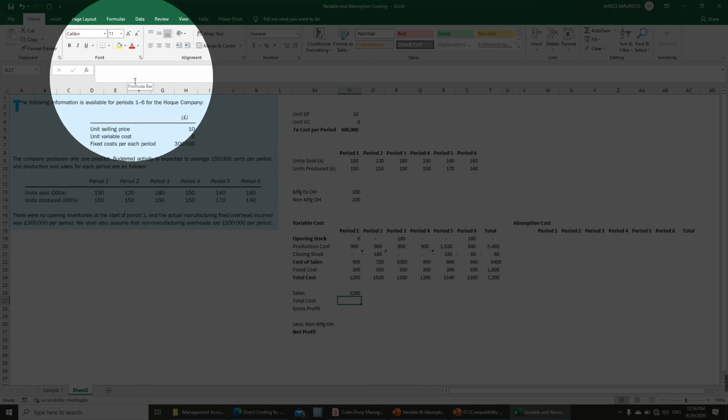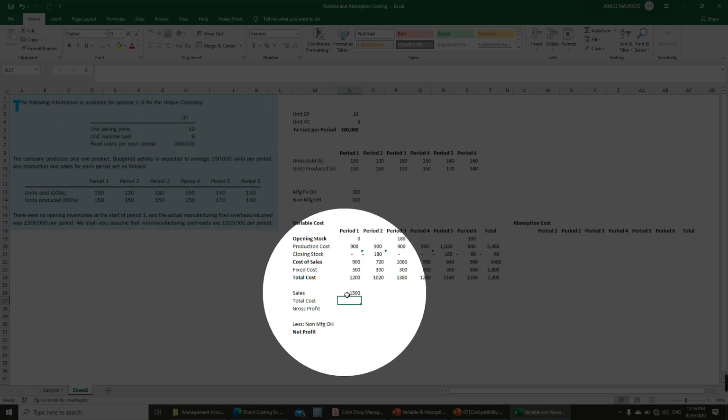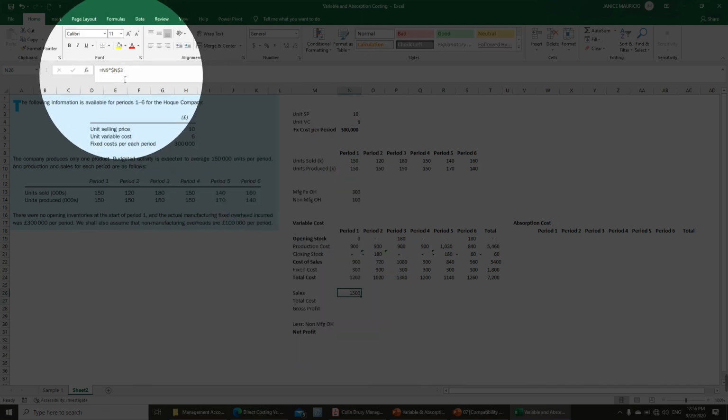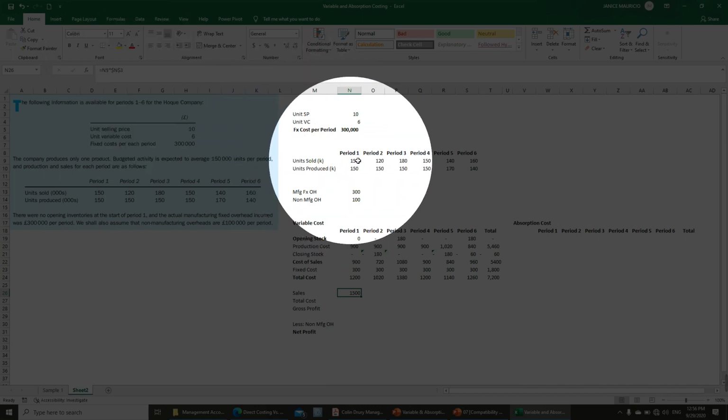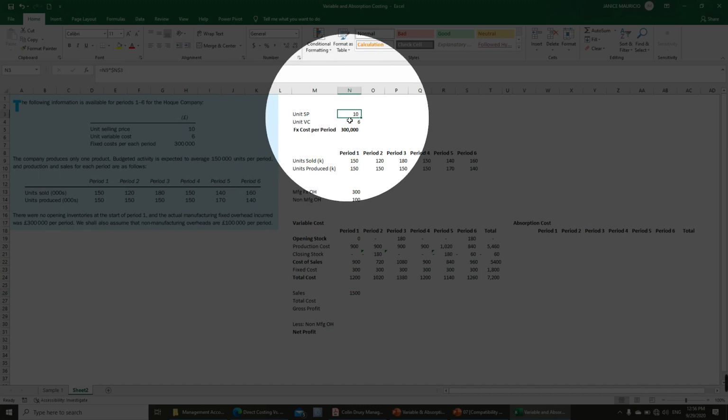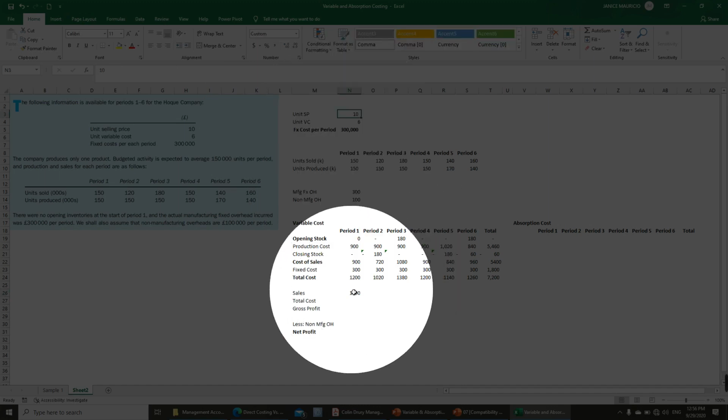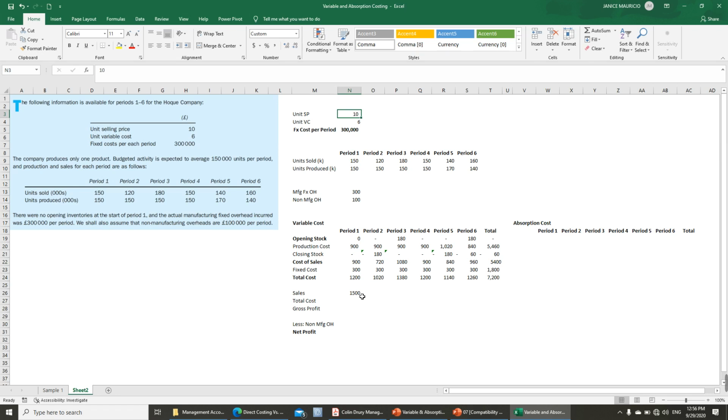So here, N9 times N13: N9, which is the units sold, times N13 fixed. Now, you just drag it to copy the formula.